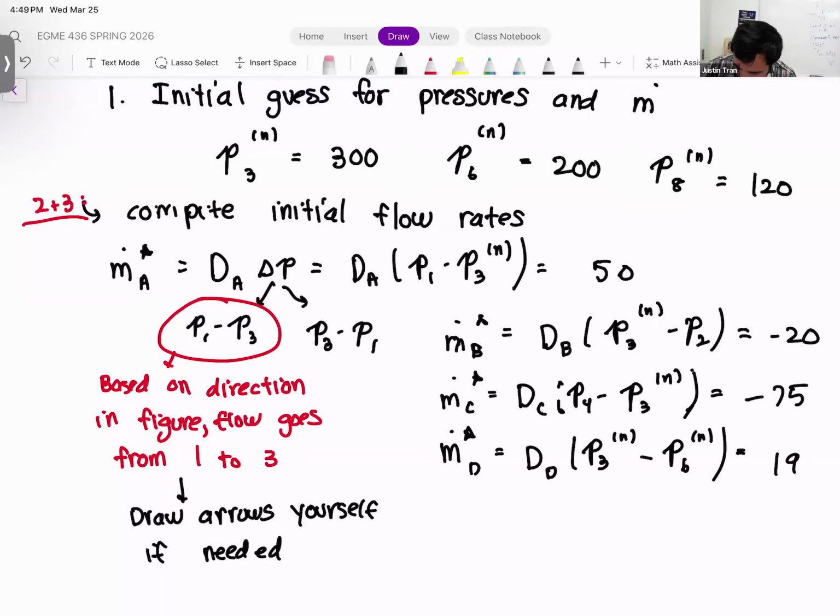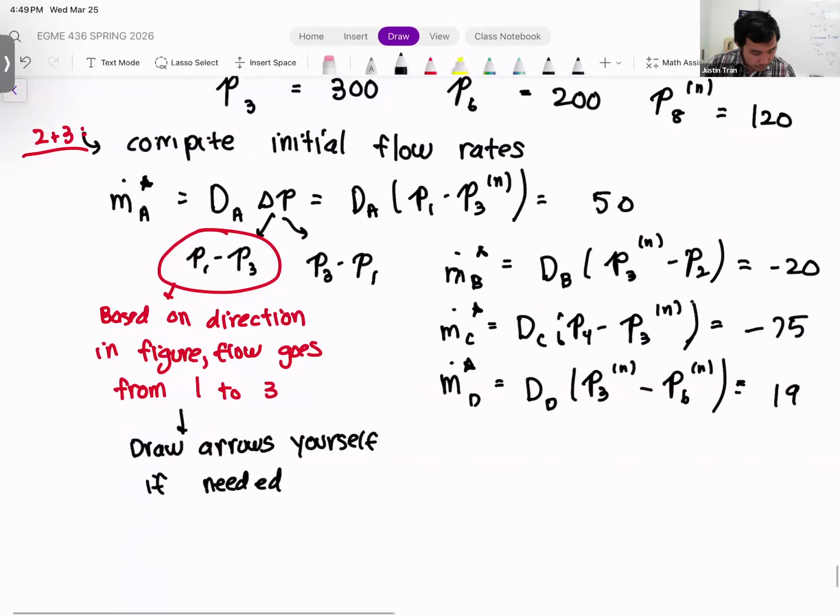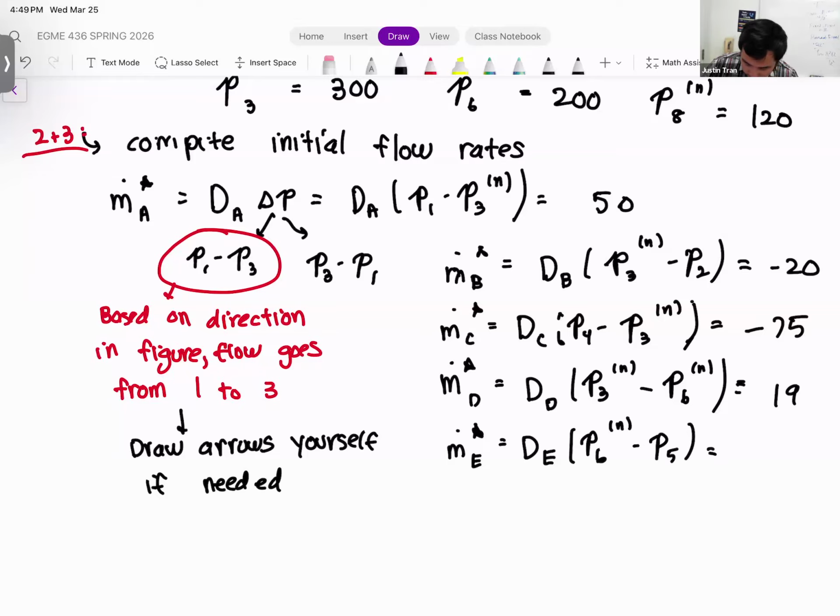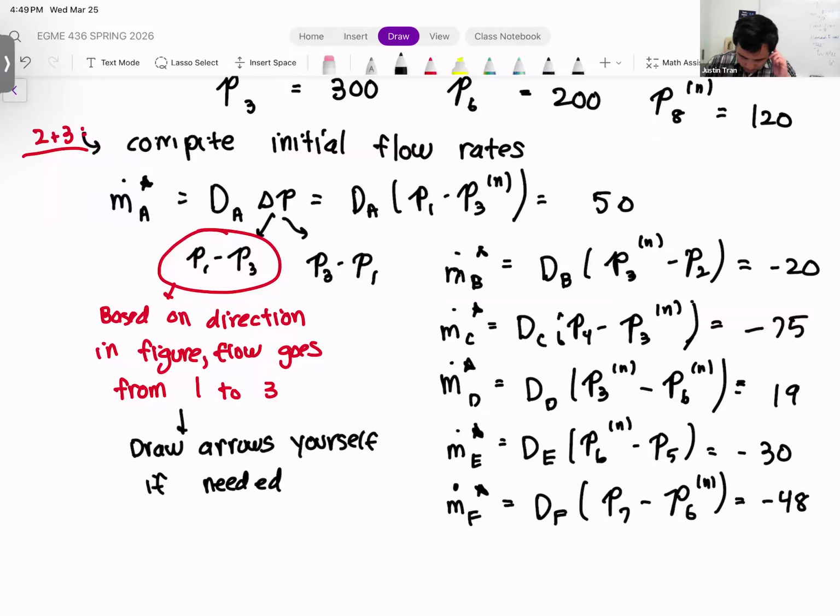This gives us 19. Pipe E, we have dE times P6N minus P5. This is going to give us minus 30. m dot F star is equal to dF times P7 minus P6N, which is equal to minus 48.